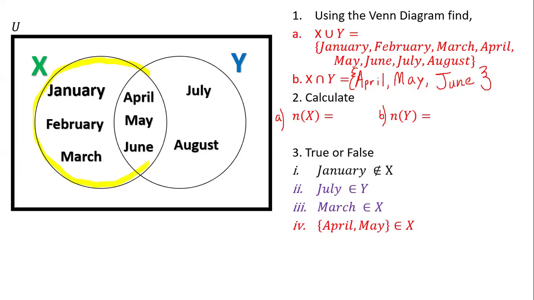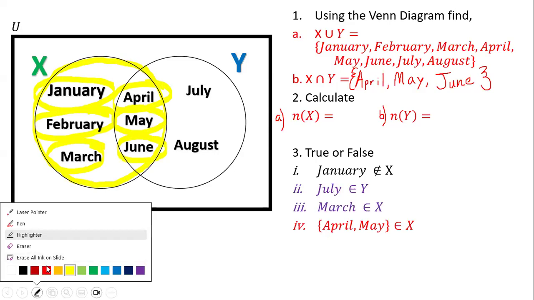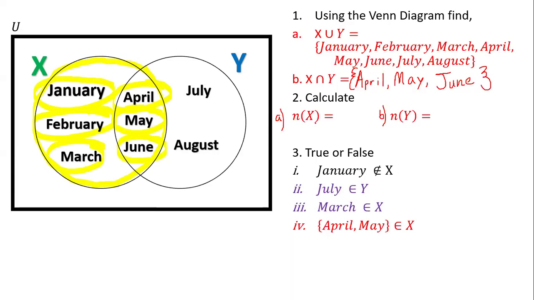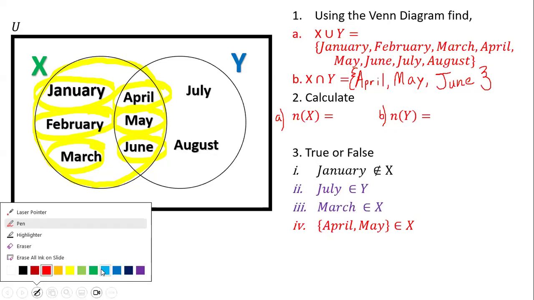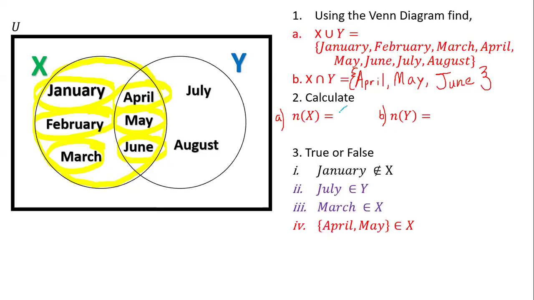So how many elements are in all of X? 1, 2, 3, 4, 5, and 6. The number of elements in X is going to be 6.